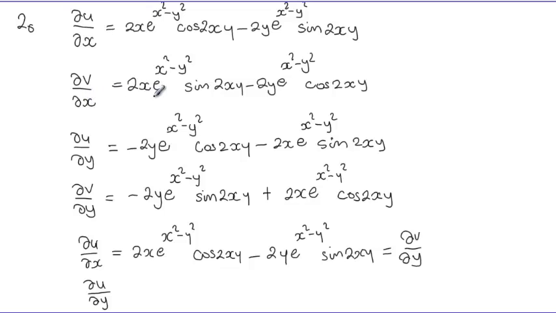Now if we compare with this derivative, it looks like there's something a bit wrong here, because the signs are not really opposite. Let's check what could have happened. Here we expect this to be equal to minus ∂v/∂x.